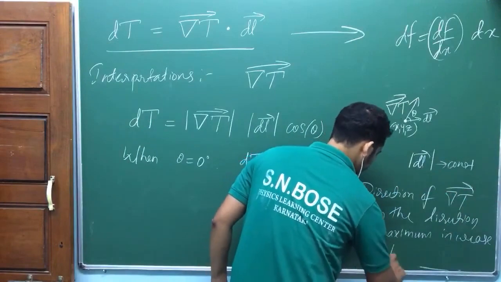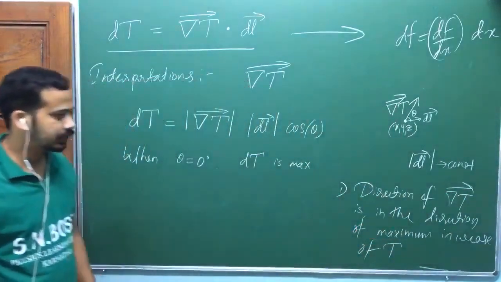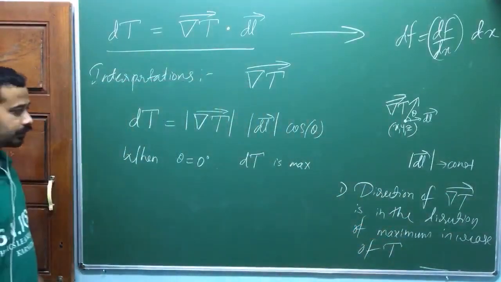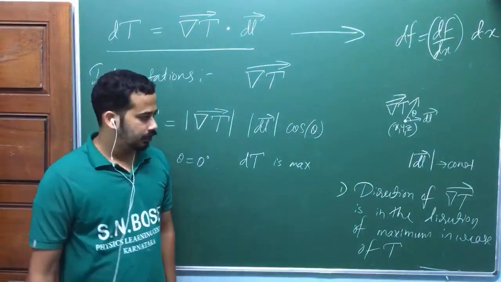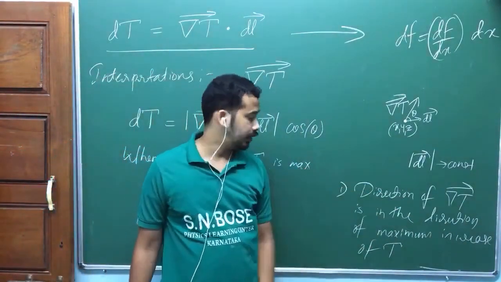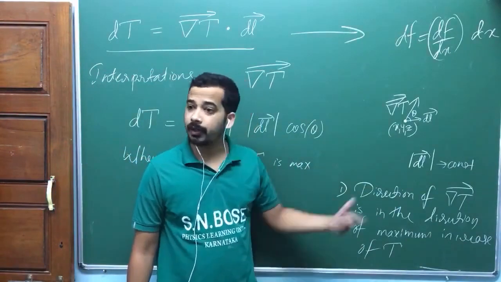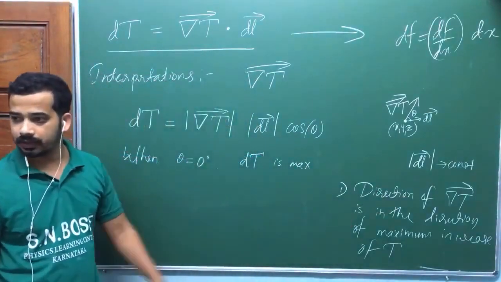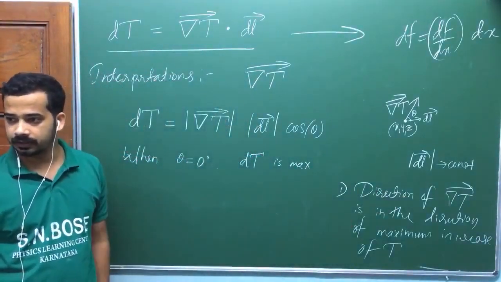T need not be temperature, okay? So I got one point from this idea: the direction of the gradient is in the direction of maximum increase of the scalar field T. Can I say like this?